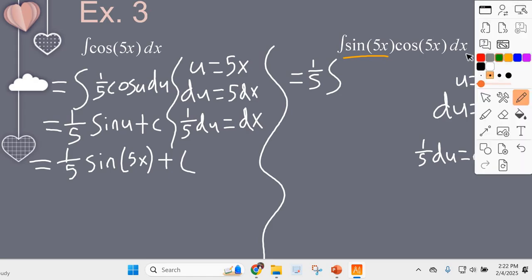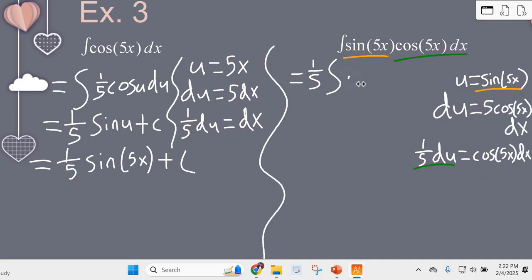And my cosine of 5x dx is what's becoming that 1/5 du. So really, we just end up with a u du there. Is u du much nicer to integrate than having two trig functions in our original? Yes, it is. Do we see how I got that?